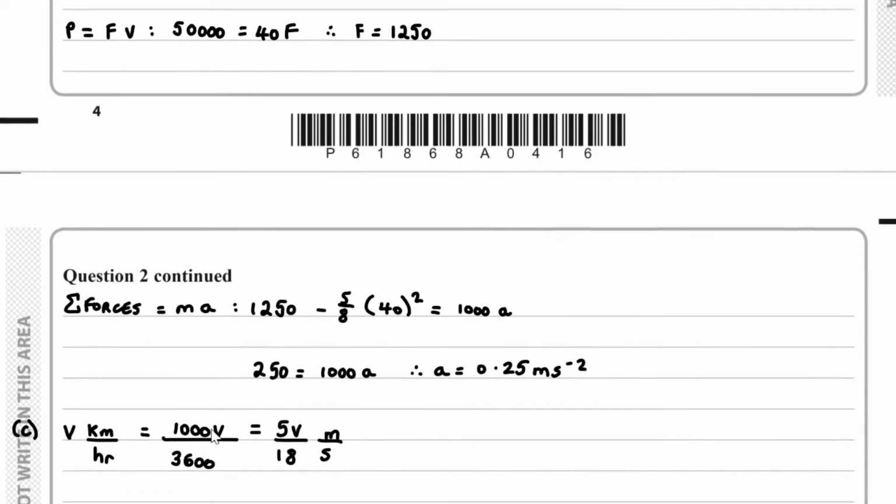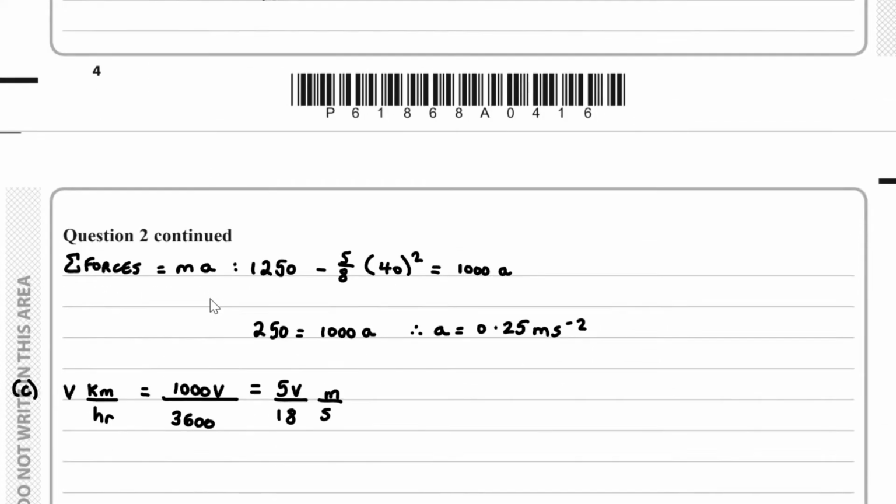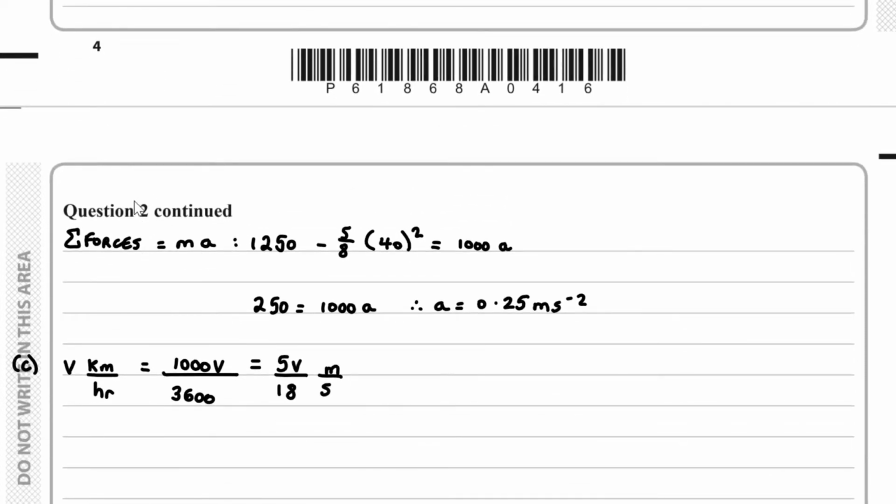Now if we consider what we did previously, what we can first of all do is use this idea over here to help us find the driving force, and then we can use this idea to help us find out what v is.